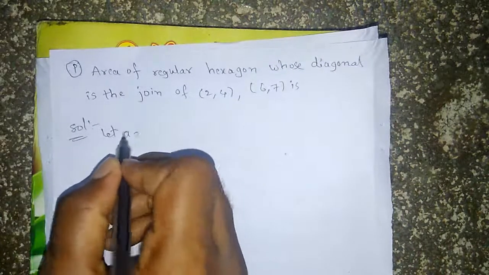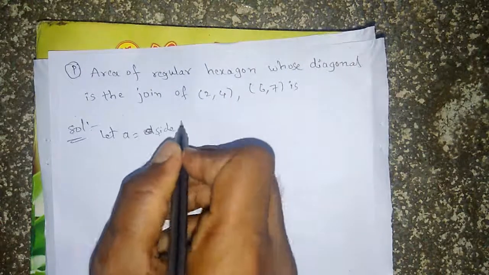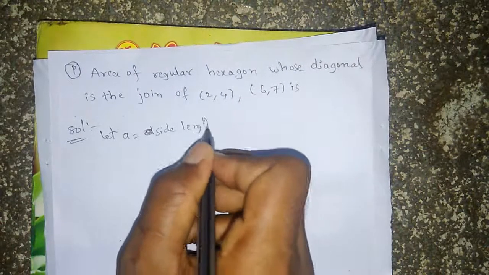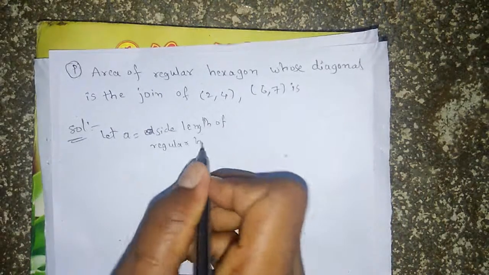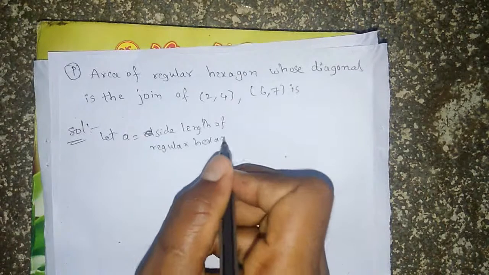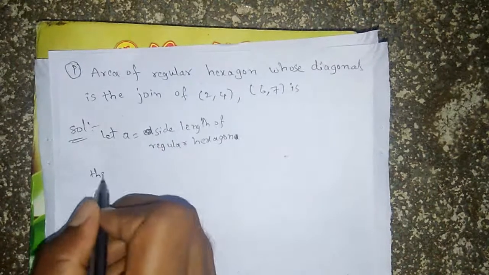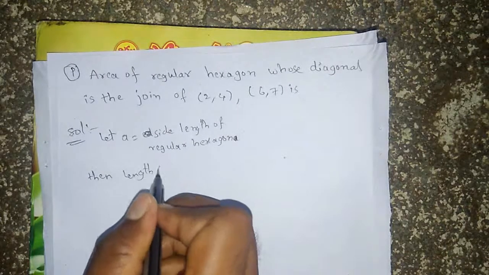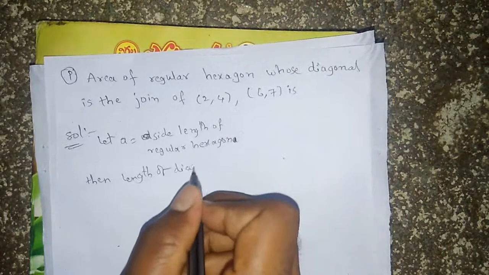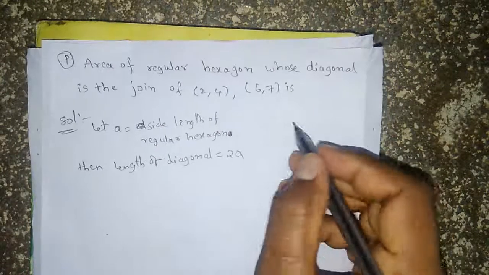Let a is equal to side length of regular hexagon, then length of diagonal is equal to 2a.